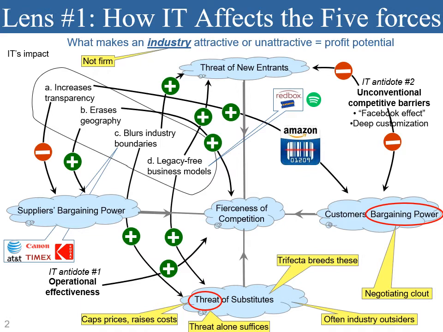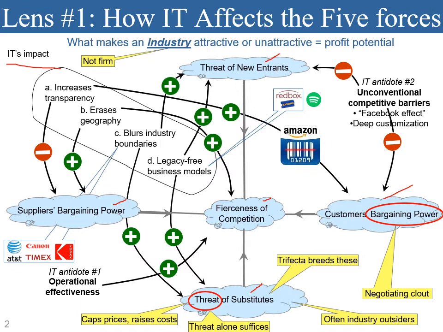As you can see in this diagram, fierceness of competition is driven by the bargaining power of your customers, the bargaining power of your suppliers, the threat of new entrants, and the threat of substitutes. Okay, so this model shows the impact of IT on your industry. All right.